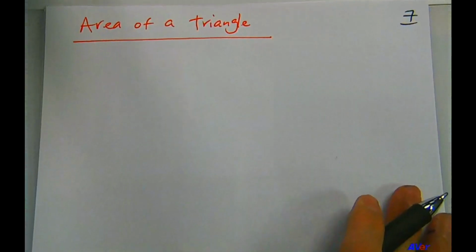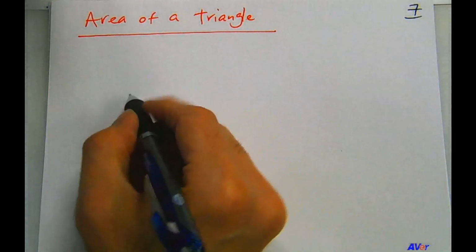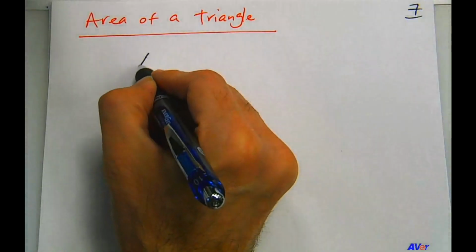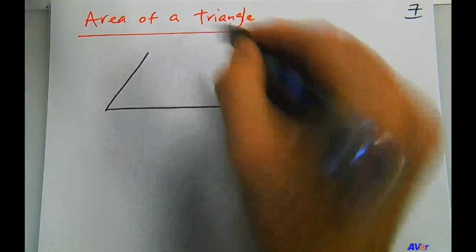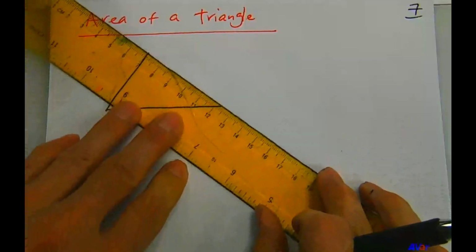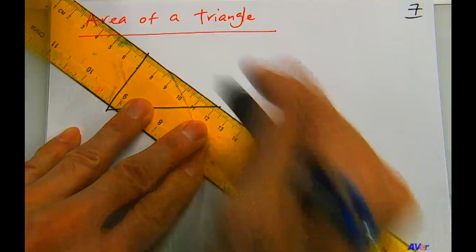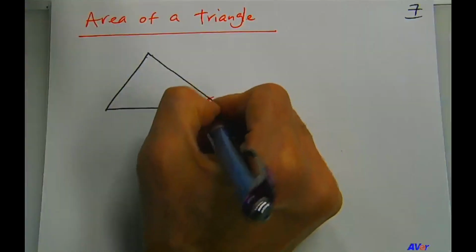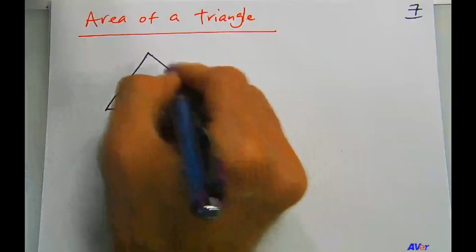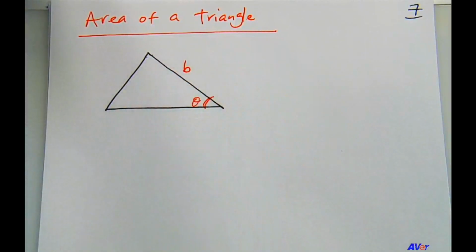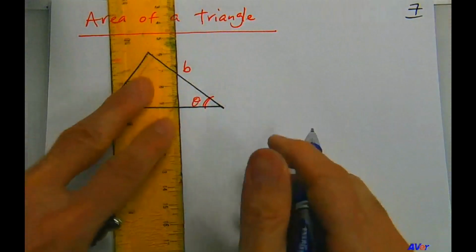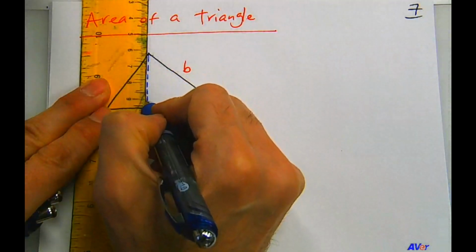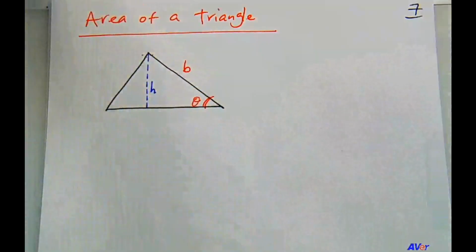Okay, suppose we have a triangle like this. And suppose we know that this is theta, and this side is b, and this height is h, like that.